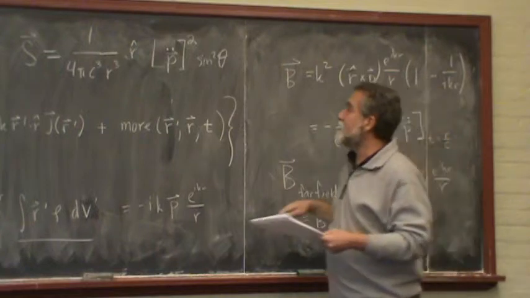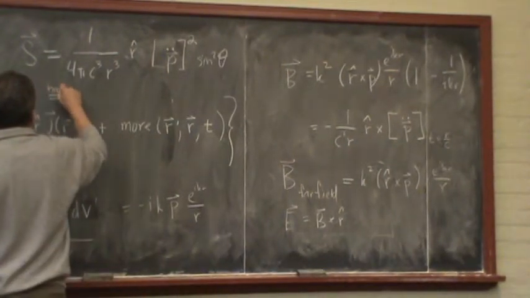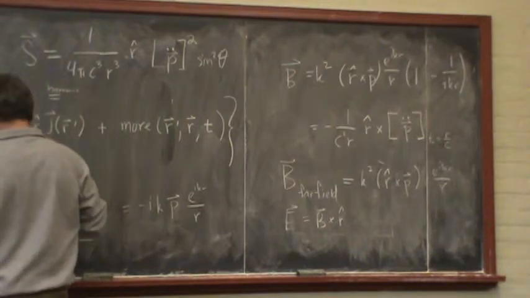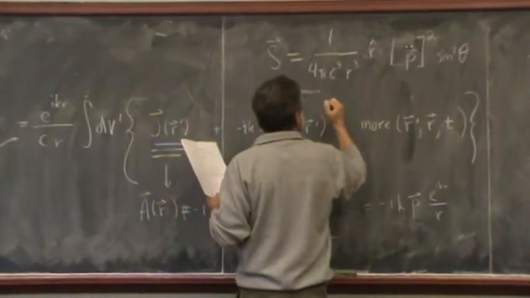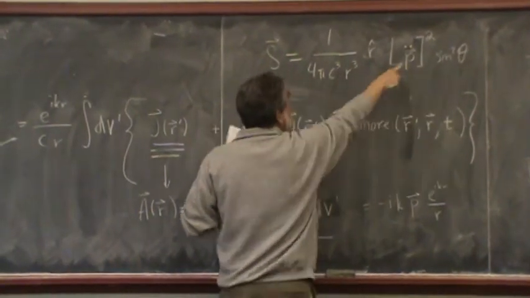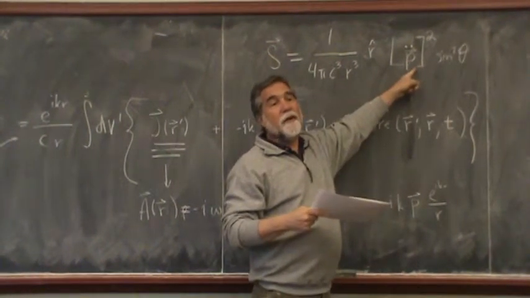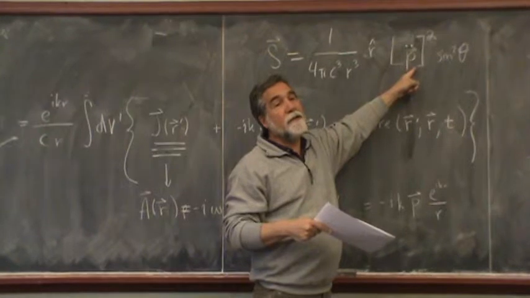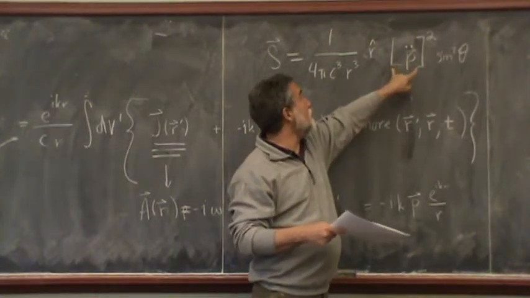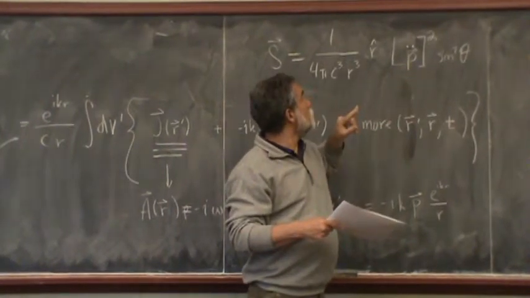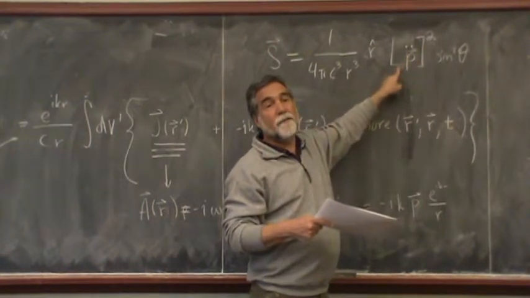And if I make the harmonic approximation, or the harmonic form, I take two derivatives of the dipole moment. There's going to be an omega squared, which comes down out of the derivative. In fact, I just get a minus omega squared. I'm taking that and squaring it, so I'll get an omega to the fourth.